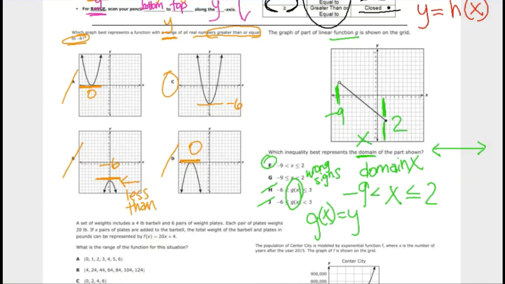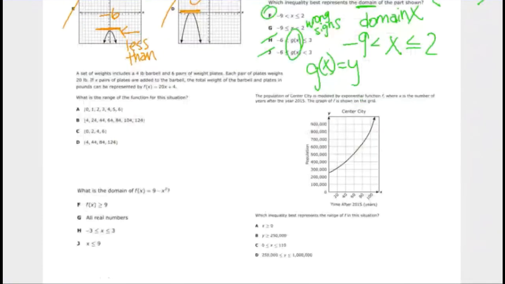Okay, going down to the bottom left. Okay, we have this problem that says a set of weights includes a 4-pound barbell and 6 pairs of weight plates. Each pair of plates weighs 20 pounds.